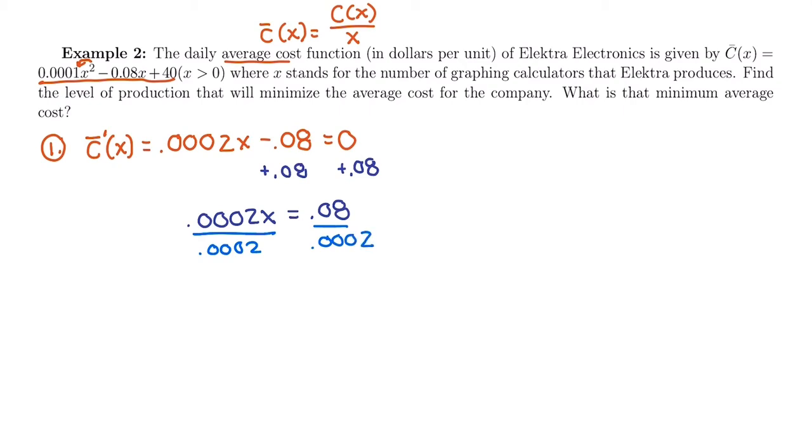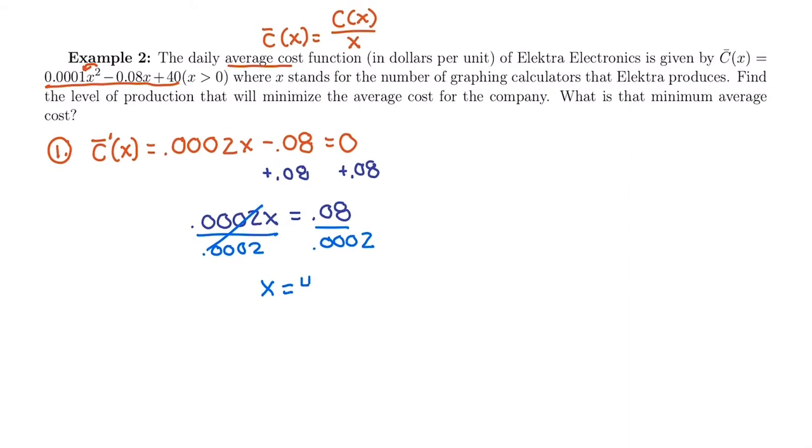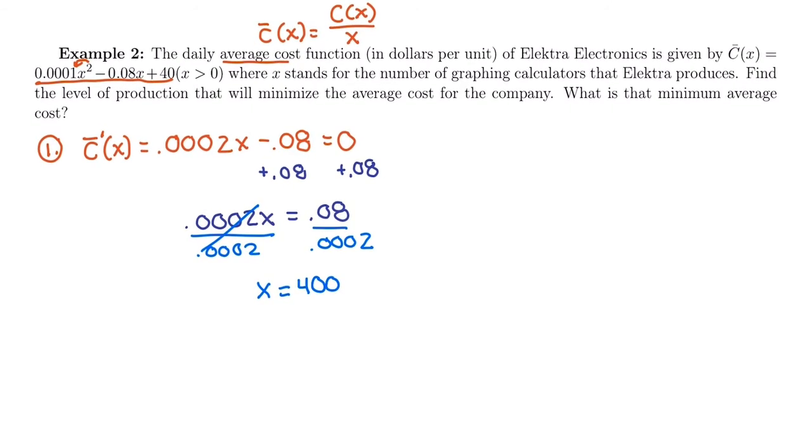So we're going to get x equals 0.08 divided by 0.0002. X is 400 for our critical number. So that is 400 graphing calculators. That's what x represents in this problem.